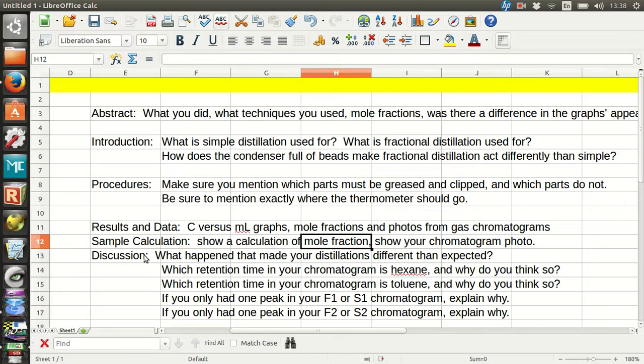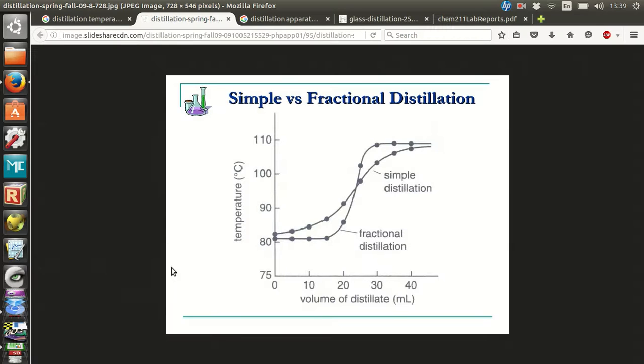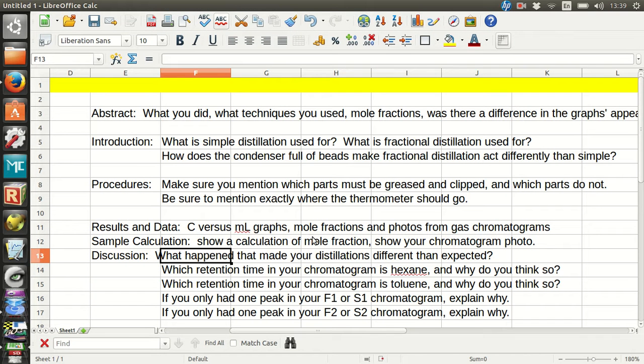And in the discussion section, please make sure you answer these items. If your distillations, simple and fractional, showed graphs that are not looking like this, simple distillation more amorphous, fractional distillation more well-defined, if that was not the case for you, please give some reasons why. Think about that carefully. There must be a likely reason why. It is not enough, of course, to say random error or random instrument error.